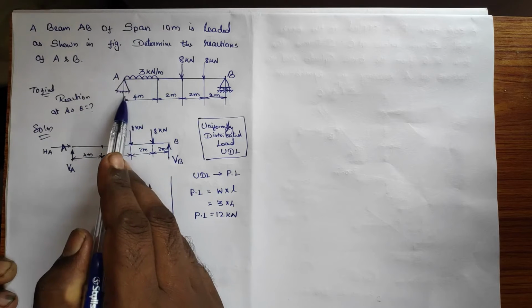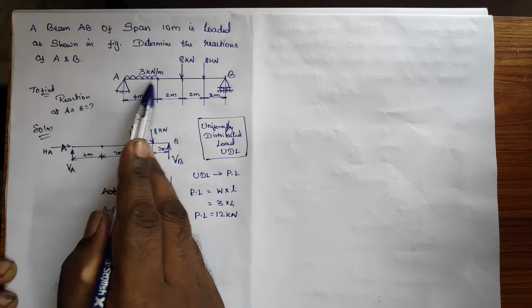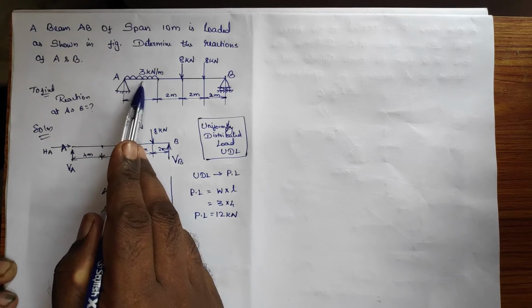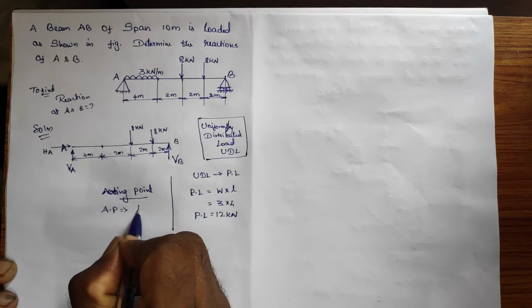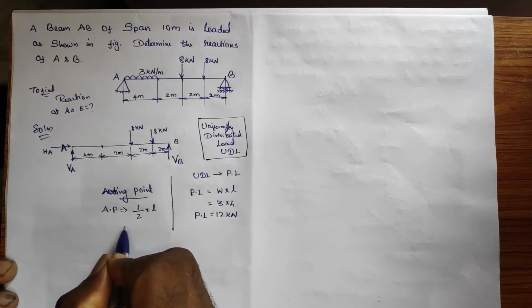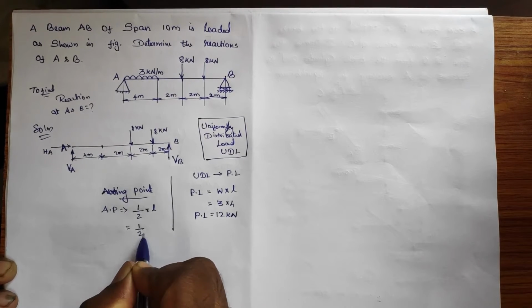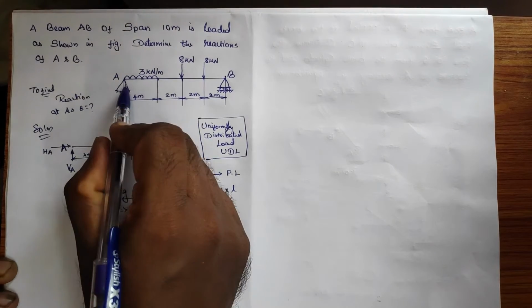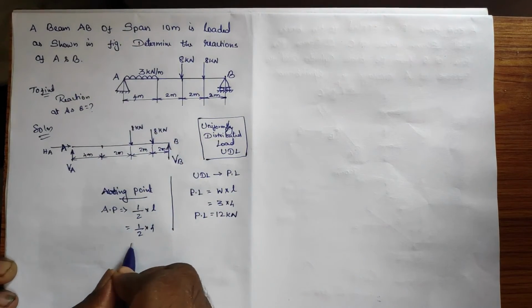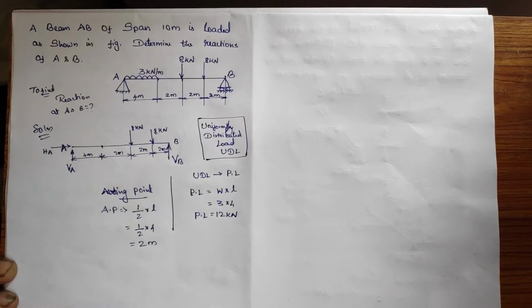So the load is spread over 4 meter length, right? It will act at the mid of that span. So 1 by 2 of its length, 1 by 2 into 4 meter, as its span is 4 meter. So we get 2 meter distance.